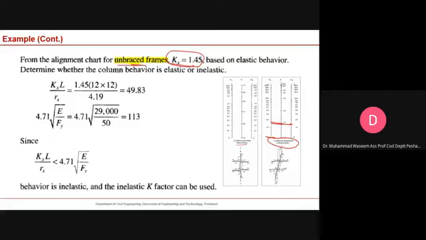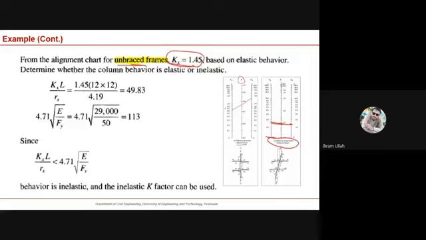There are three columns in these nomographs. Once you calculate the summation of stiffnesses at a point and at the second point, you join them together and you get the K value. Is it clear?